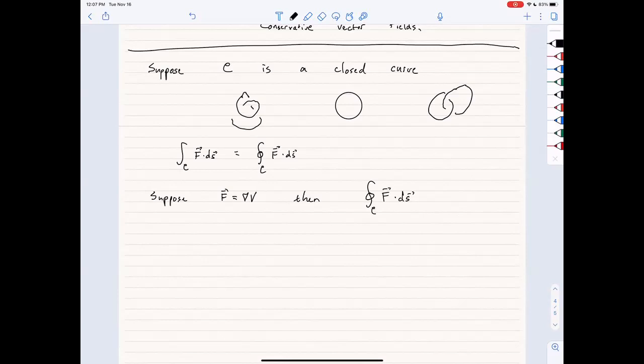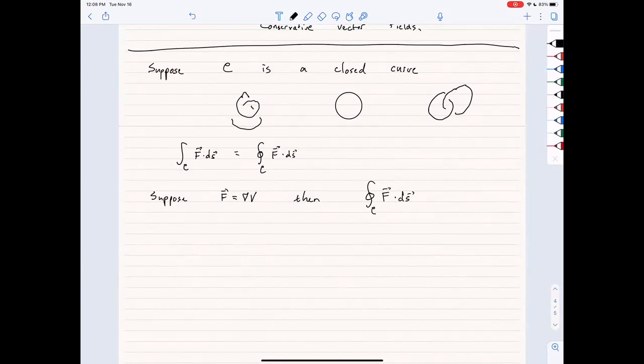Zero. This will be zero, right? So if you have multiple connected components and you're trying to compute an integral, you take each component, you take the integral on that, and you add everything up.